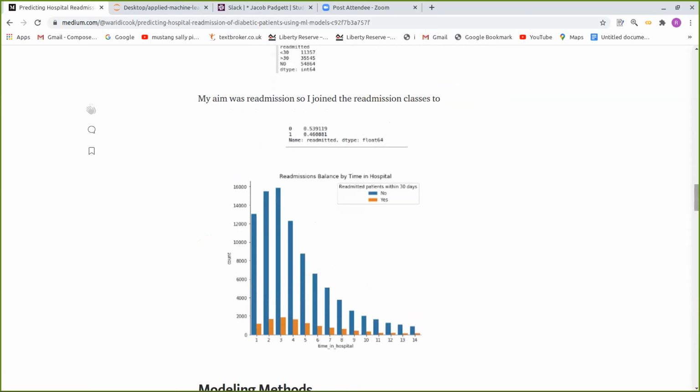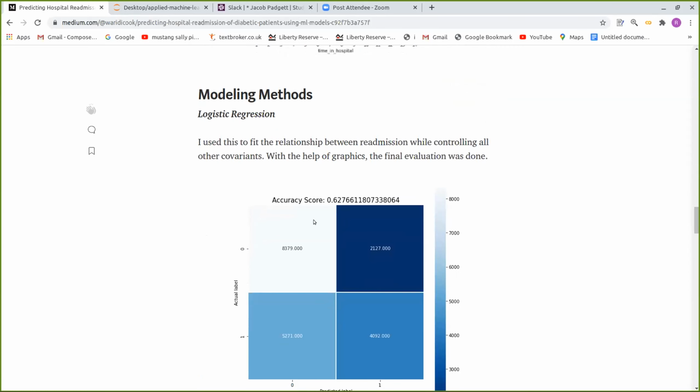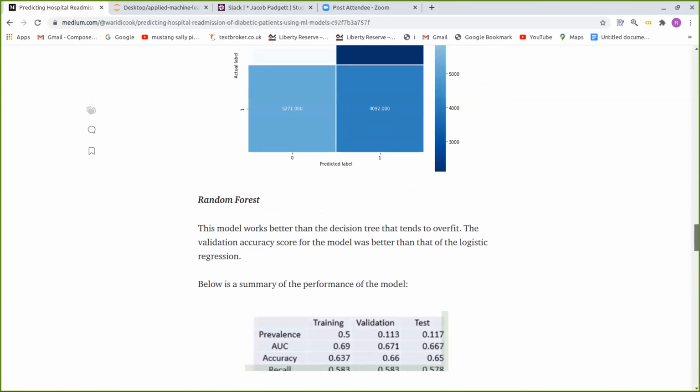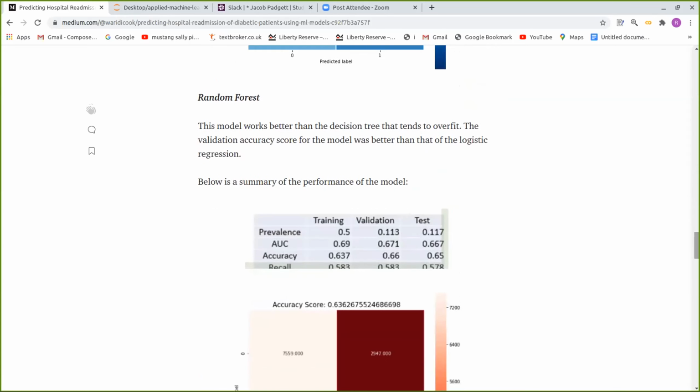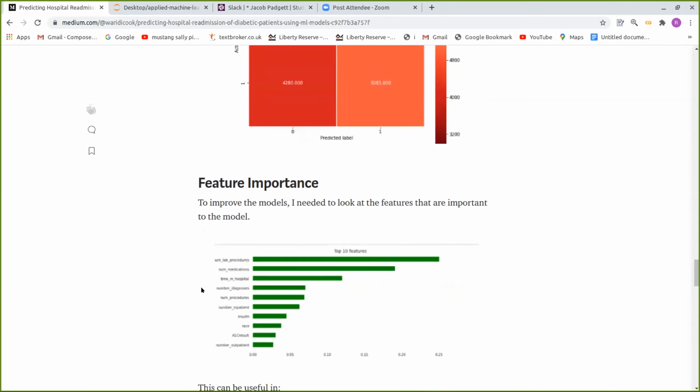And from that, I was able to do logistic regression, which gave me an accuracy of 62. I also did a random forest. And this was what I got from all my comparisons. And its accuracy score was 63. And also, I was able to find my feature importances, and the most important was the number of lab procedures.